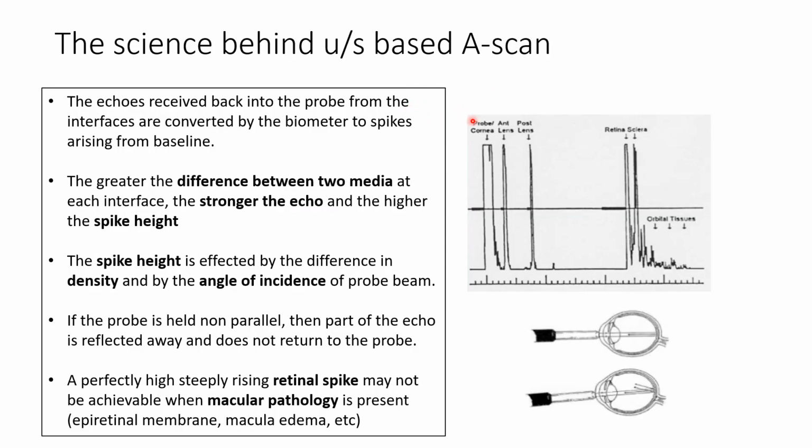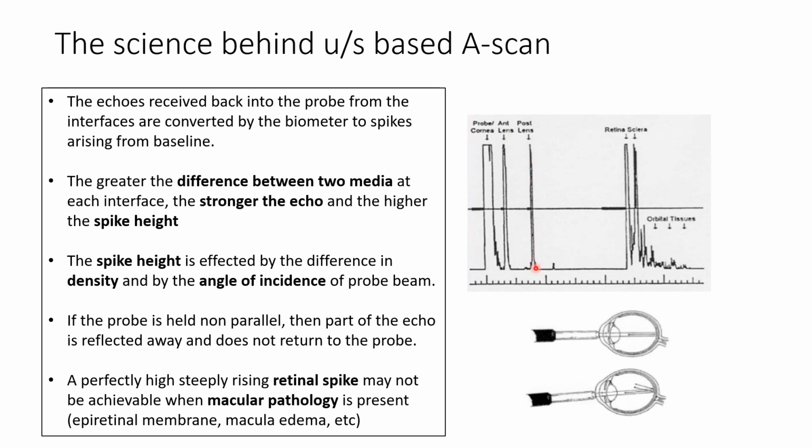The echoes received back into the probe from the interfaces are converted by the biometer to spikes arising from the baseline. The greater the difference between two media at each interface, the stronger the echo and the higher the spike height.